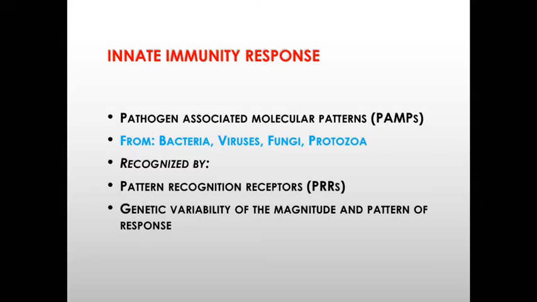Some will have a super strong response and get sepsis and die, and others will have a very weak response and may not be able to overcome the infection. So that variability in the population gives us the ability for some individuals to survive almost any epidemic.